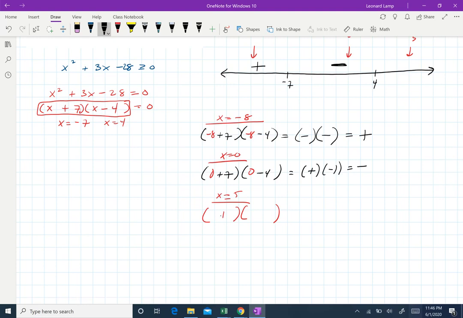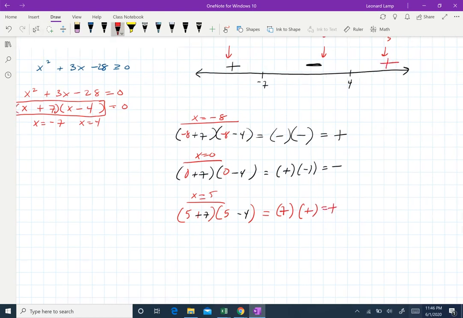Plus 7 minus 4, and I'm plugging in a 5. So 5 plus 7 is obviously a positive number, and 5 minus 4 is also a positive number. So this is going to be plus as well.